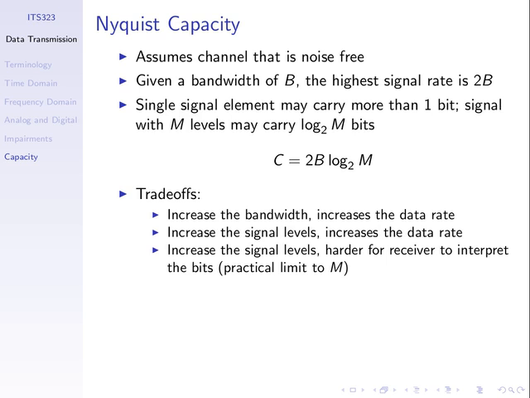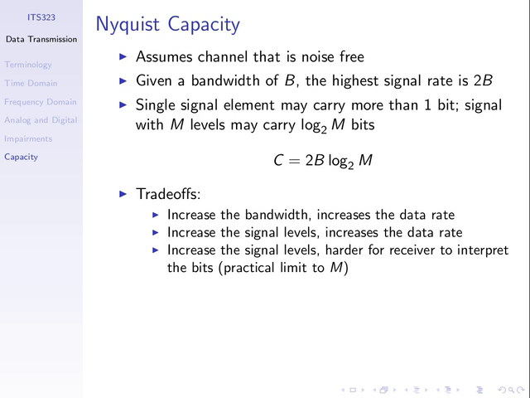if we have 2 different schemes, the first scheme, let's say, goes from -5 to +5, and if we want 1 bit, we transmit at this level, another bit we transmit at this level. So this is M equal to 2 with 2 different levels.